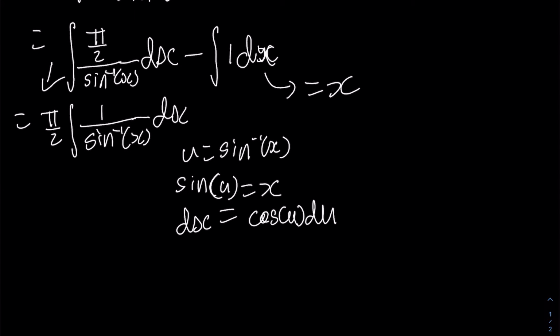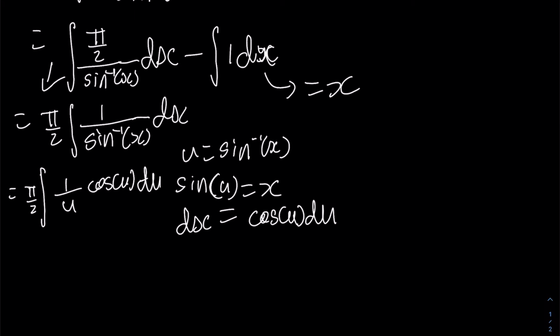So we have now pi over 2 times the integral of 1 over, and then the inverse sine of x is our u, and our dx is cosine u du. And this is actually a very famous special integral. The integral of the cosine of u over u is just the Ci of u.